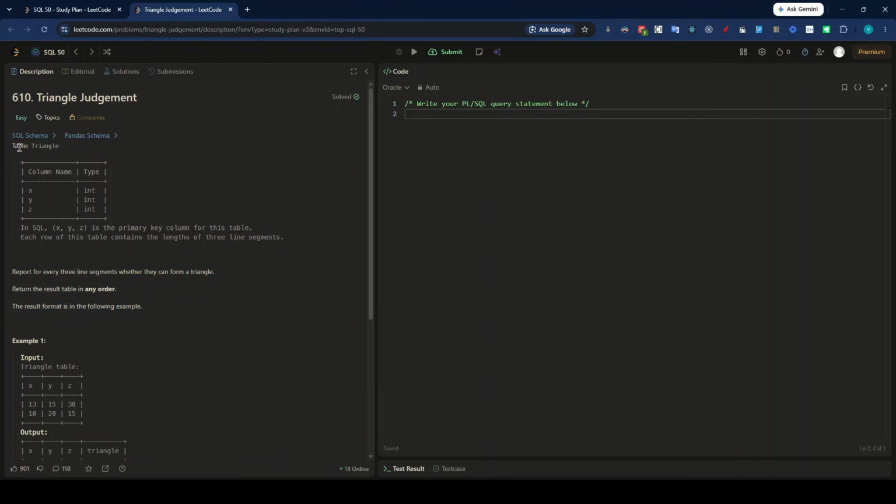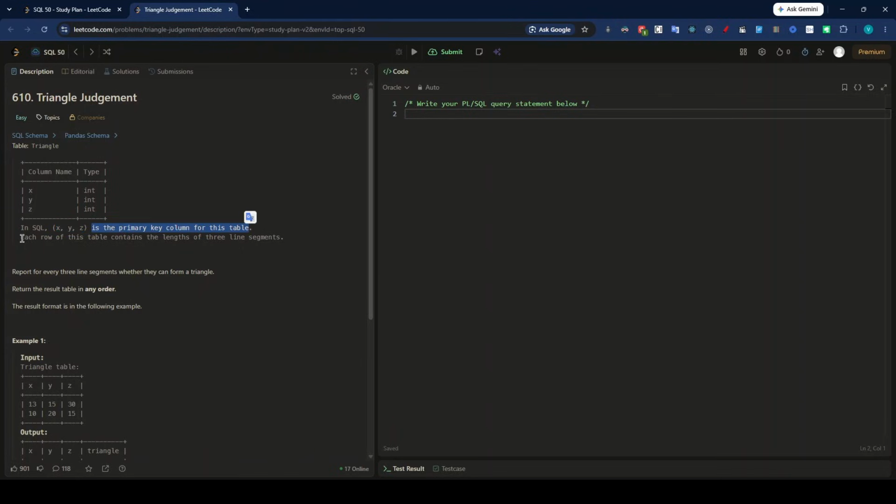So we have been given a triangle table. In that table we have three columns, namely x, y and z, which are of type integer. So all the three columns are of type int, and they're saying that in SQL, the group x, y, z is the primary key column for this table.